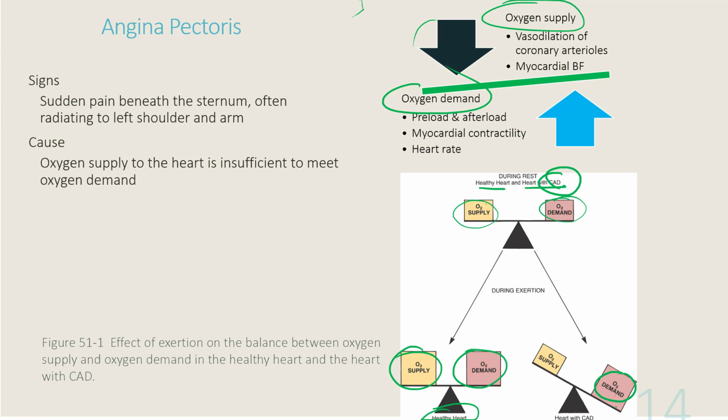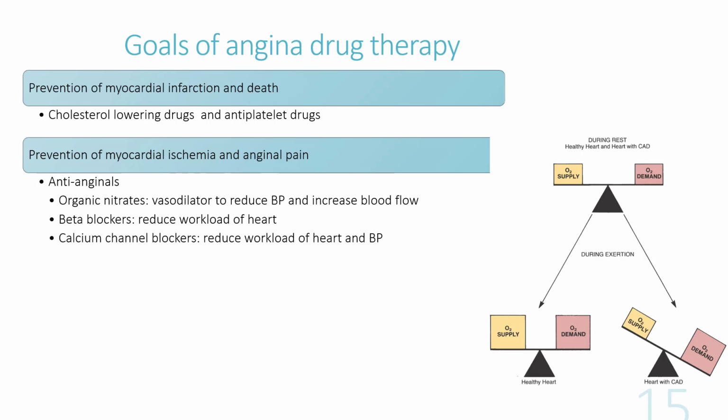You can see how the oxygen demand load is heavier and the supply of oxygen is much less, and that's where you can get angina, right? So what we want to do is minimize the demand for oxygen in order to bring it back to what happens with a healthy heart during exertion.